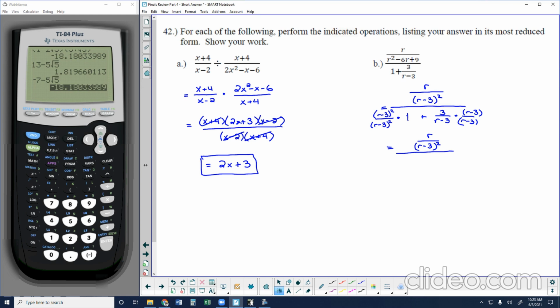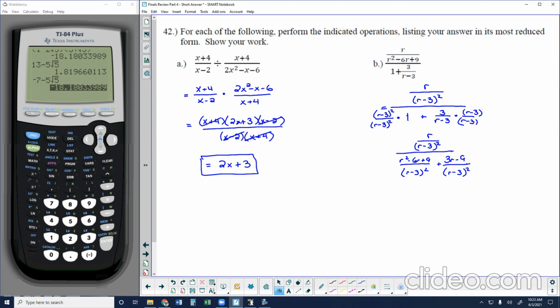over, I'll go ahead and write this as r squared minus 6r plus 9, that is the quantity r minus 3 after you square it, over r minus 3 squared, plus 3 times r minus 3, or 3r minus 9. Let's distribute that, so plus 3r minus 9 over the quantity r minus 3 squared.